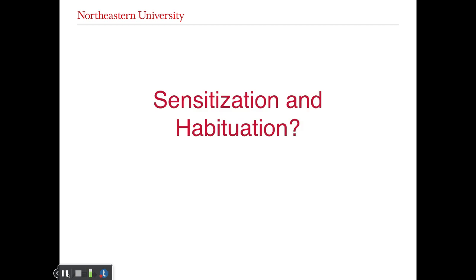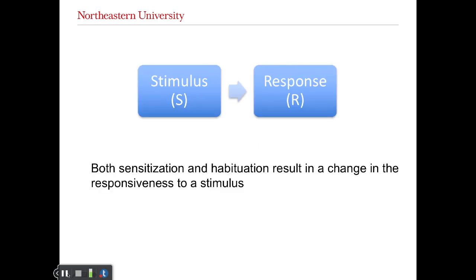So now let's talk about sensitization and habituation. One of the things I said was that reflexive responses occur the same in most members of a species. And why I say to look down at the newborn function is because there are ways that reflexive responses are more likely or less likely to occur, and that's because of sensitization and habituation.